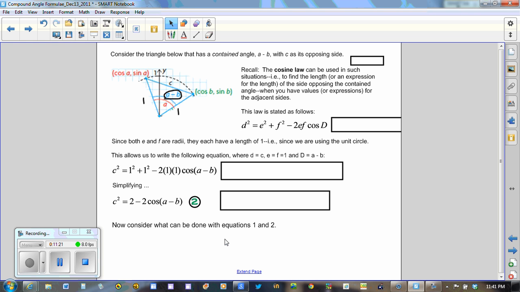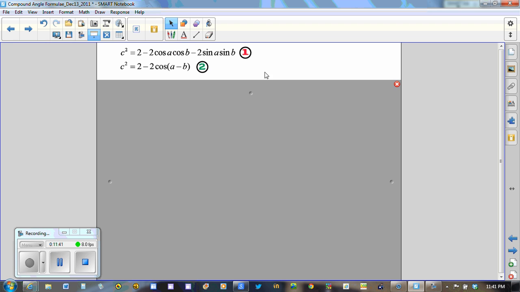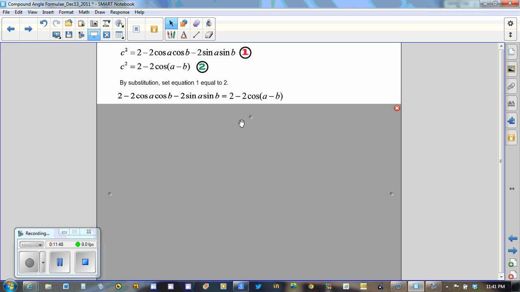Now consider what we can do with both equations 1 and 2. Do notice that we do have cos A minus B. This is what we need to have either on the left or the right hand side of our identity. So let's set them equal to each other. We have equations 1 and 2. If we substitute, we end up with the following.